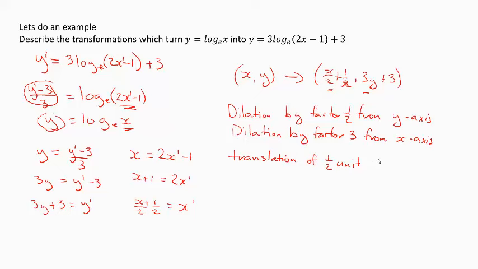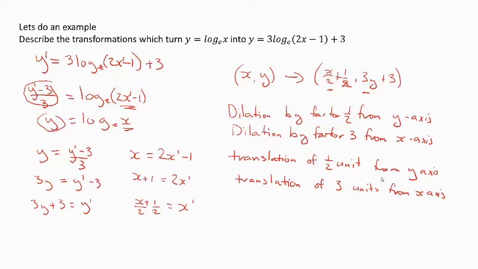Positive half a unit from the y-axis. And, excuse my handwriting, translation of positive 3 units from the x-axis. So that's pretty much what's happening here.